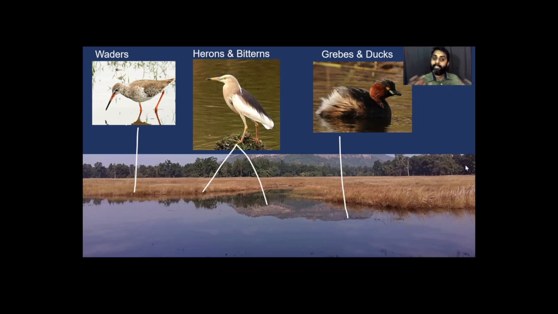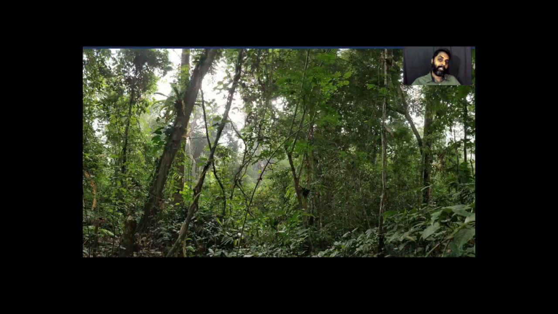So these are the habitats of these birds. If you learn slowly what kind of habitat some species of birds prefer, then actually you can go look for these birds. We'll take more examples in different habitats.